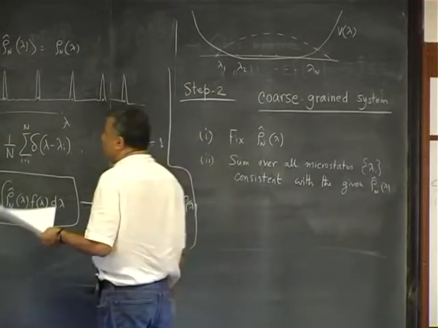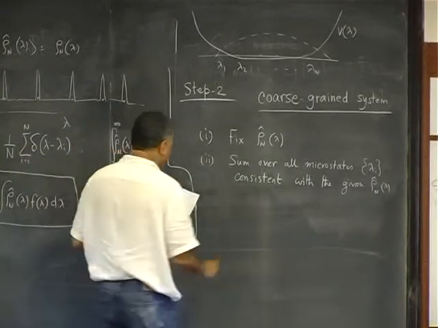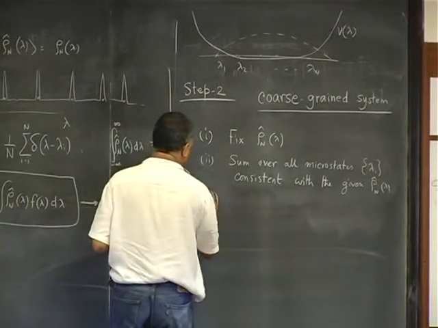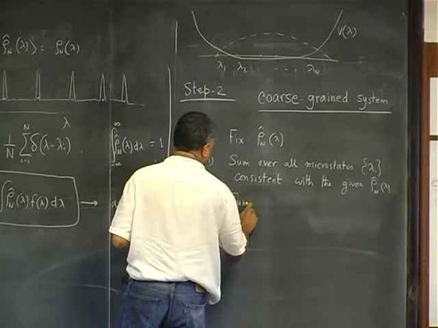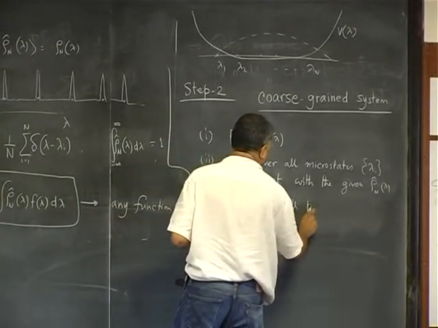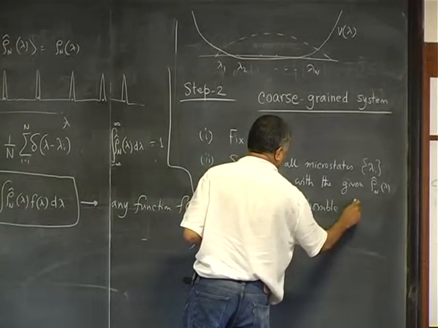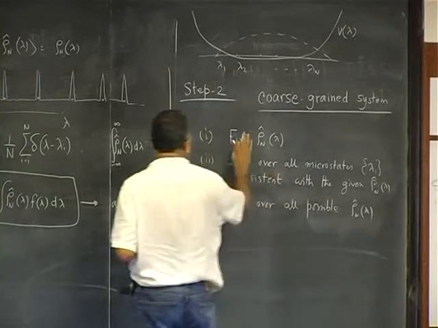And I'm doing it here, but it's a very general thing. If you have any interacting many particle system, you can do this coarse graining this way. And then step 3 is a sum over or integrate over all possible rho n lambda. Let's keep this in mind.